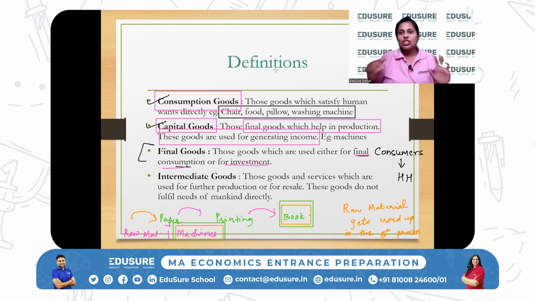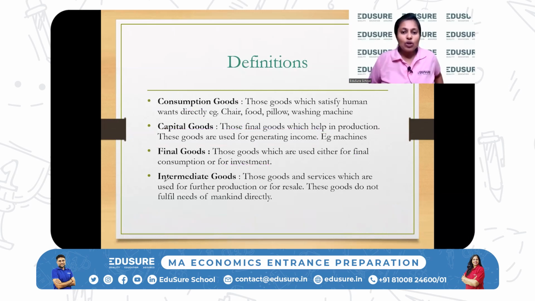What is left is the machine. So machine and book are final goods, and the final goods are differentiated: the book is used by the consumer, the machine is used by the producer. Okay, and the raw material which I was talking about is called an intermediate good. These goods are used for further production or resale. They are not used as final goods.